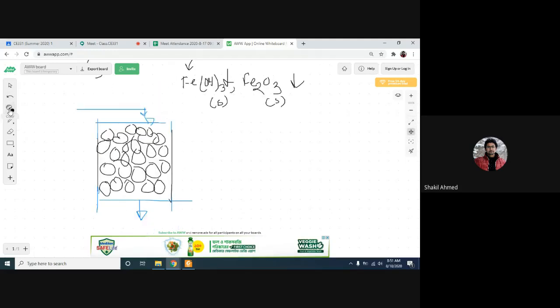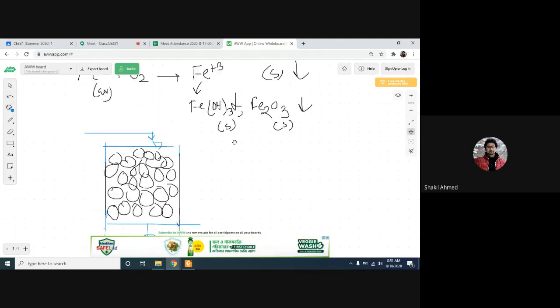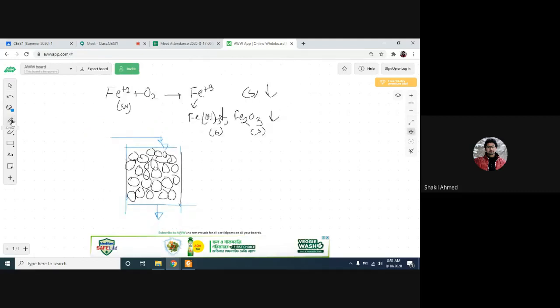The incoming inflow of water has iron in ferrous form. Now you are spreading the water using a sprinkler, maybe, and then it gets in contact with air, and therefore oxidation is happening, and you are getting ferric.